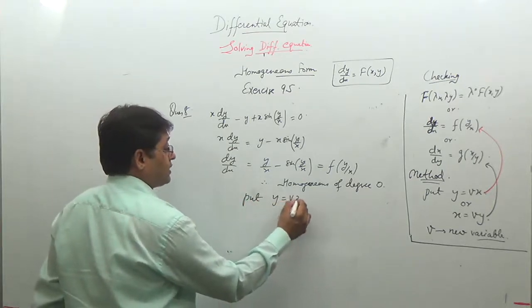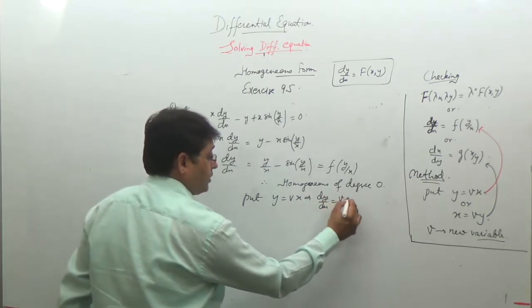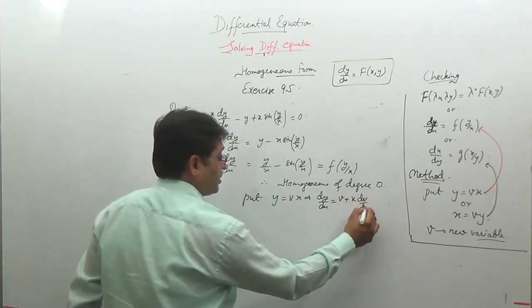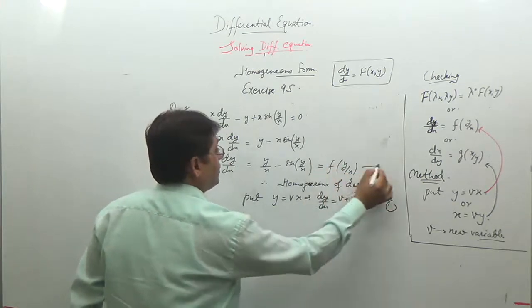So you can use it also. y is equal to vx as usual. dy by dx is equal to v plus x dv by dx. Put in equation 1.